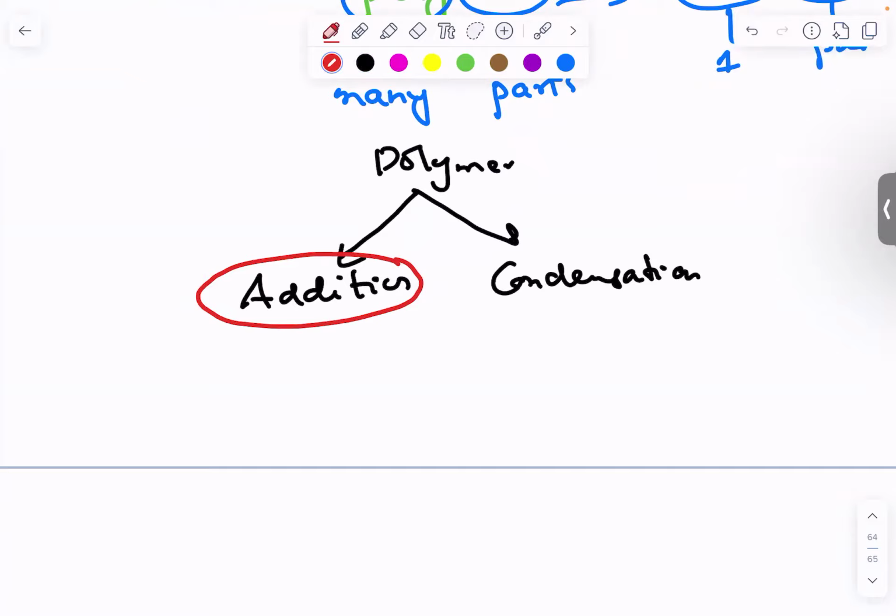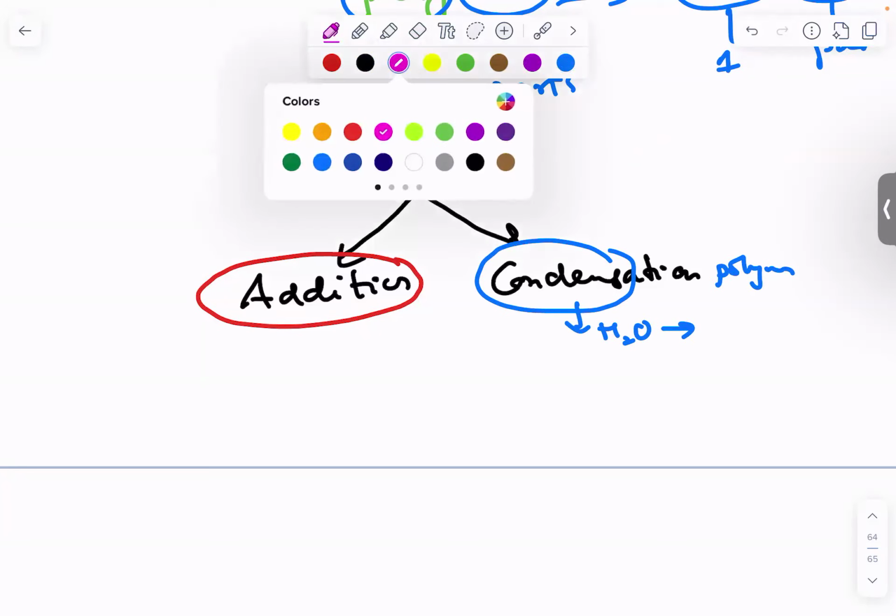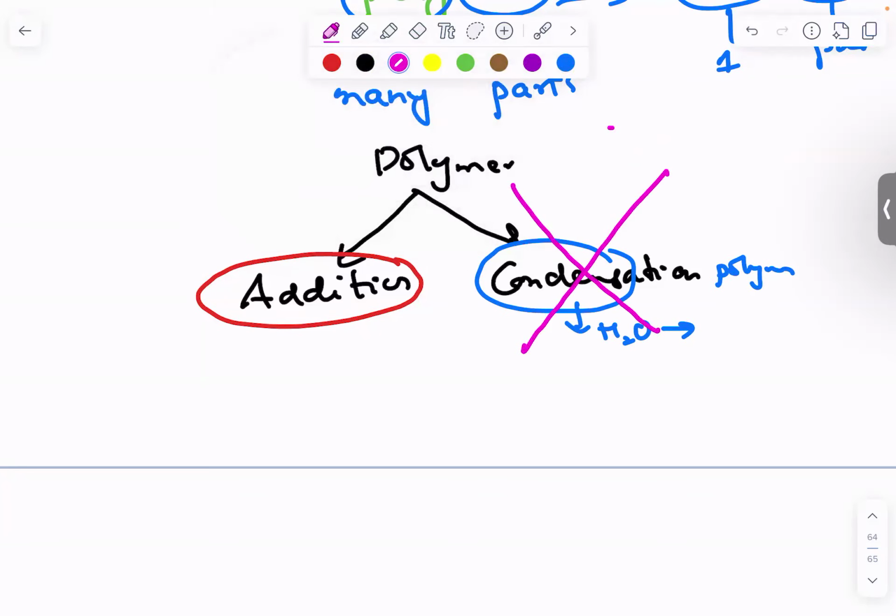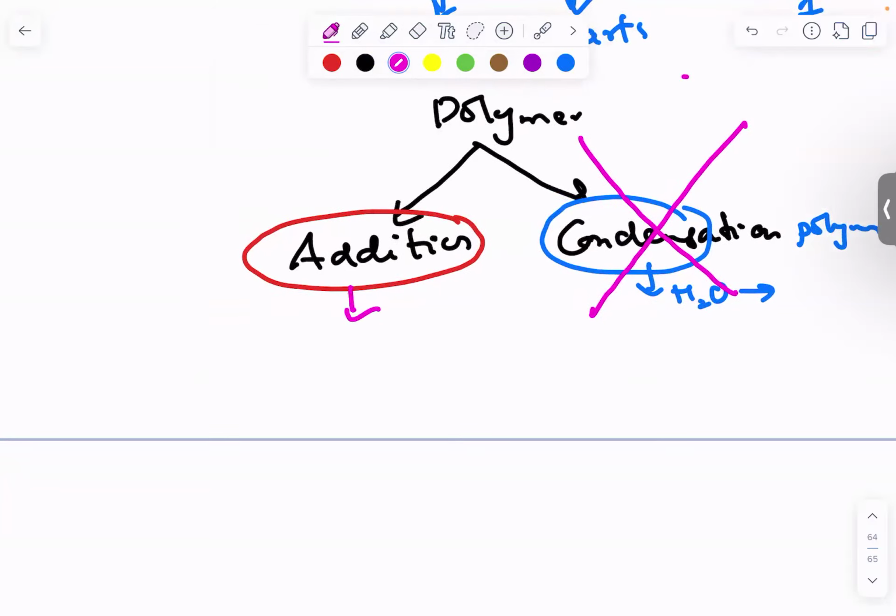Keep in mind that we are discussing alkenes, but right now I'm simply telling you about polymers. Condensation polymer is a word taken from condensation, which means water. So a water molecule is eliminated when this polymer is formed. But it is not in your syllabus. In your syllabus, we have only addition polymers, so we are going to discuss only addition polymers.